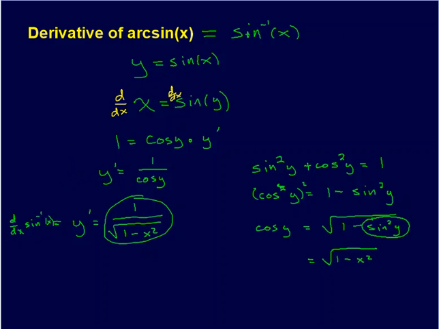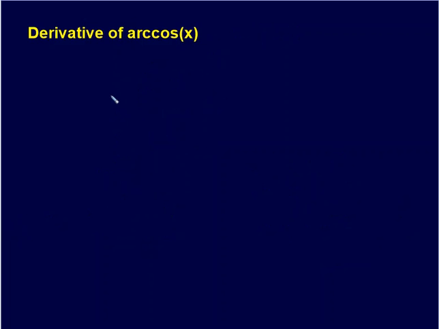For the other two, I'm not going to spend as much time proving what the derivatives are, especially for our cosine, since it's very similar. So it turns out that this one, and I'm just going to write the conclusion this time, the derivative of the arc cosine function, also called the inverse cosine function, the derivative actually is just the negative of the previous one.